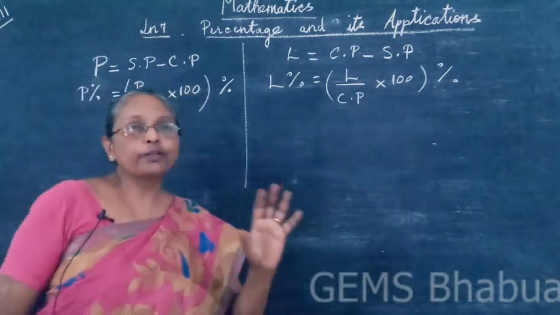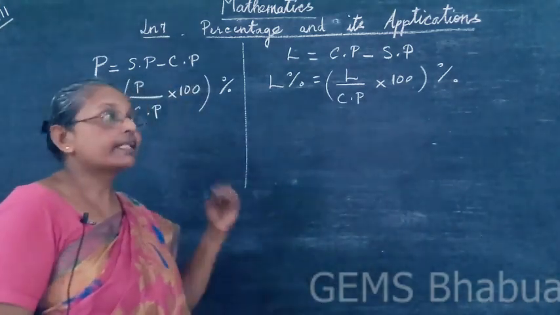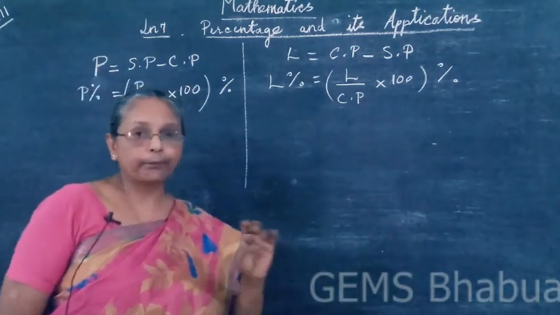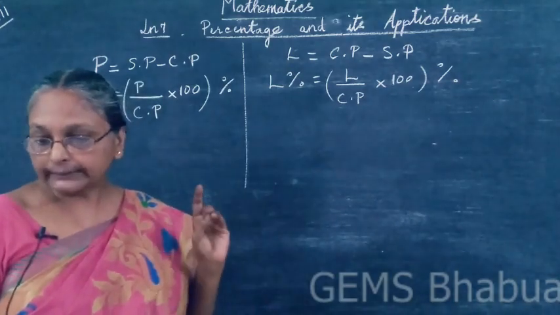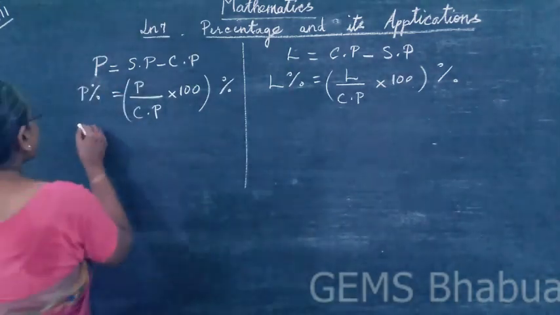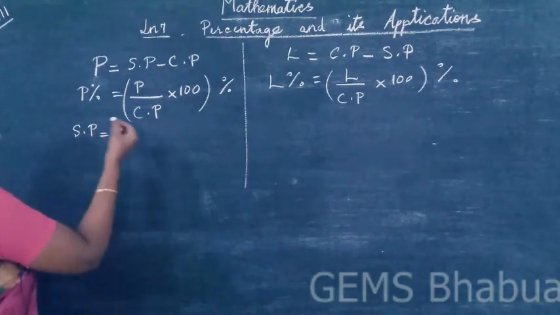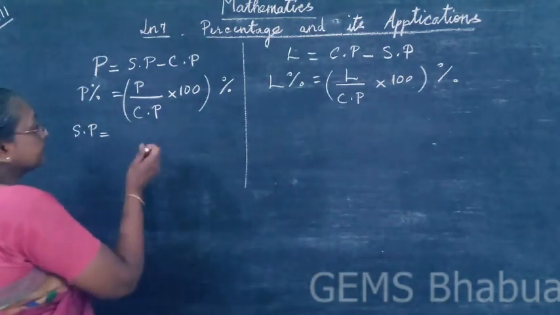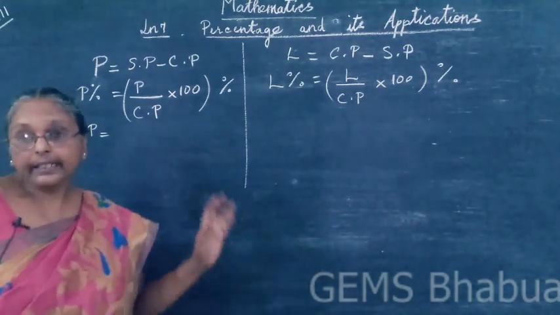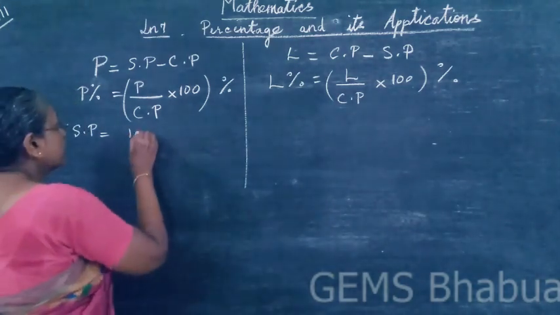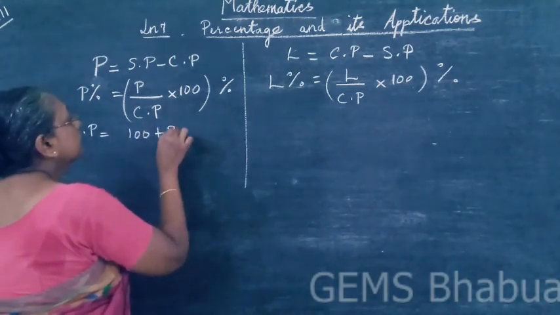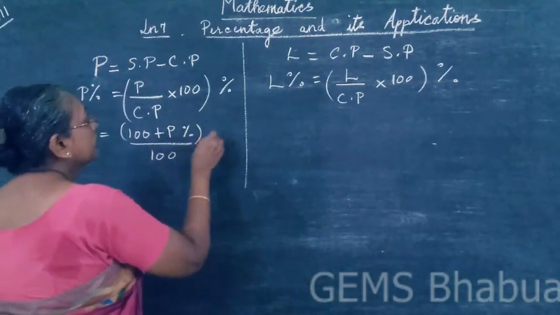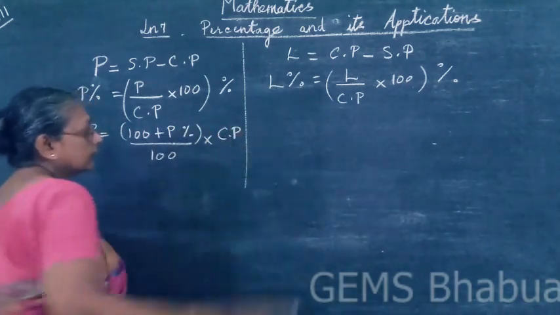Suppose you want to find the selling price given the profit and the cost price. You are given the profit percentage and the cost price. How to find the selling price? We have a formula for that. It is not given in your book, so you can note it down also. The selling price will be equal to 100 plus profit percentage by 100 into CP.